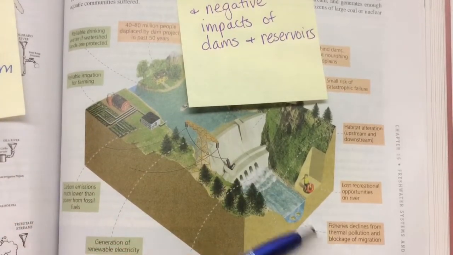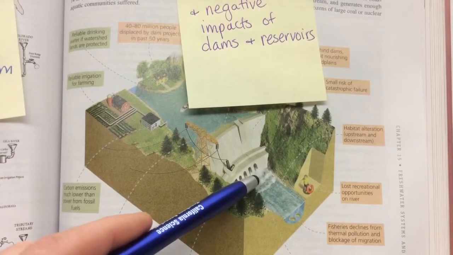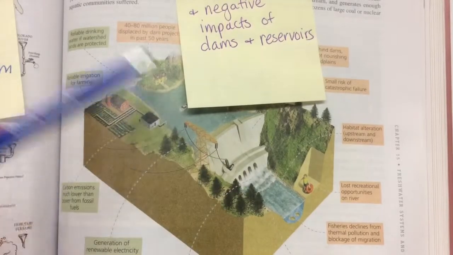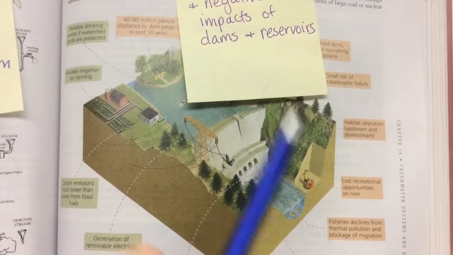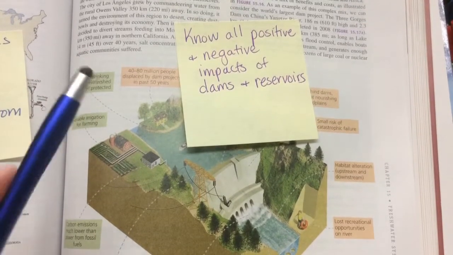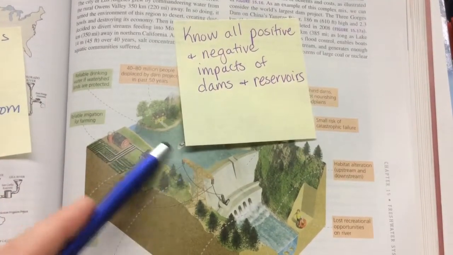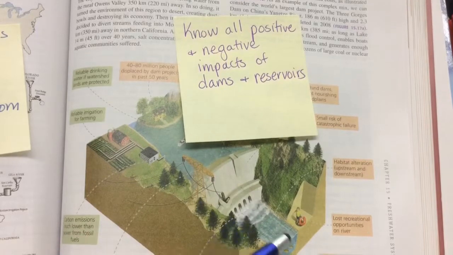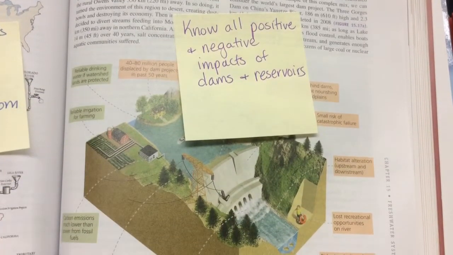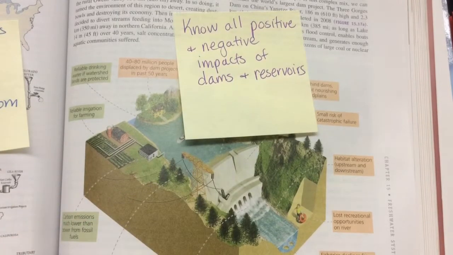And then fisheries decline if you block the migratory route of salmon and trout that migrate up rivers to spawn and breed. That's a problem as well. So you also have more warmth here, buildup of warmth compared to a cold moving stream. So we have, a positive is renewable energy through hydroelectric dams. So we have positives and negatives.